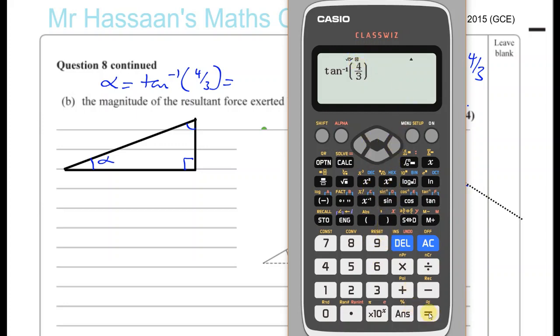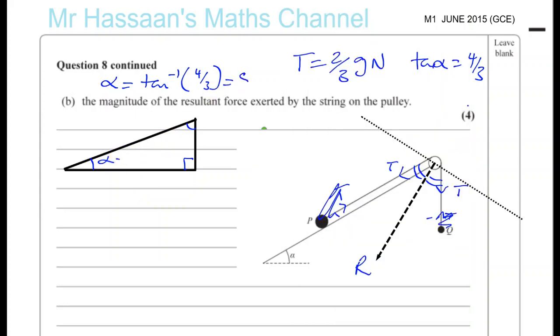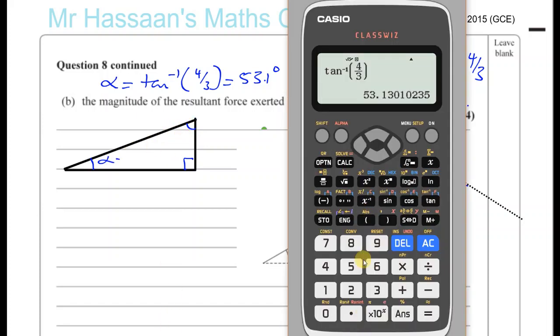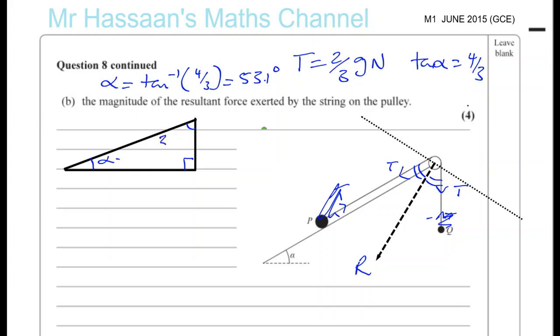Yep, it's in degrees. That gives us 53.1 degrees. So this is 53.1 degrees. So this angle is going to be 90 minus that. So it's 90 minus 53.1, which is 36.869 degrees. That's the angle there.